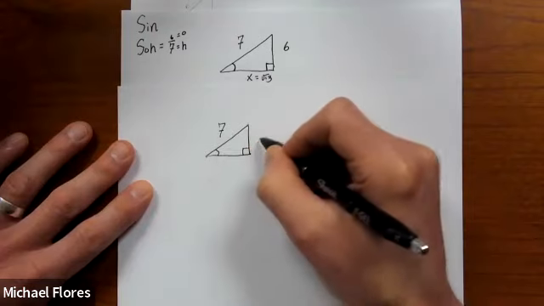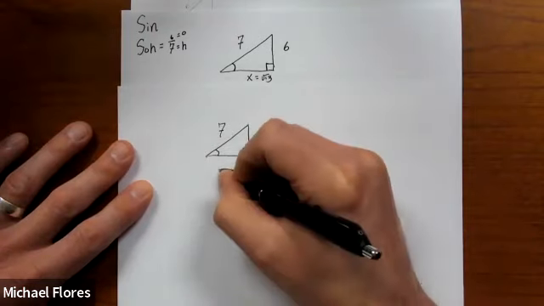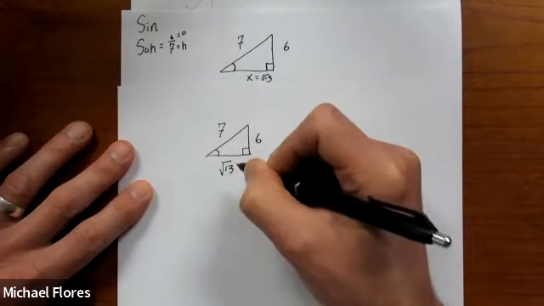Hypotenuse was 7. Opposite side was 6. Adjacent side, square root of 13.